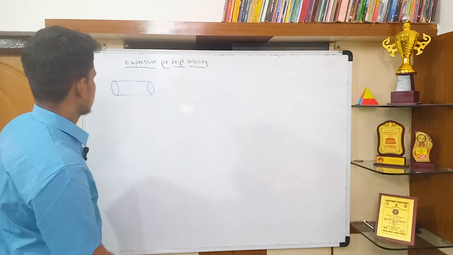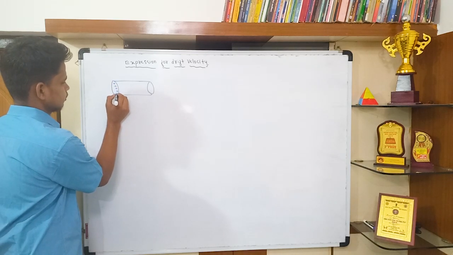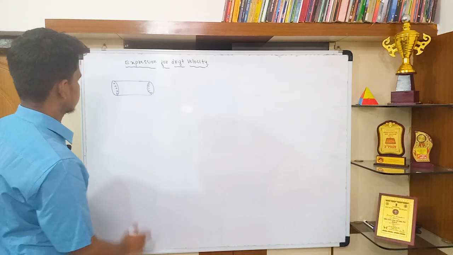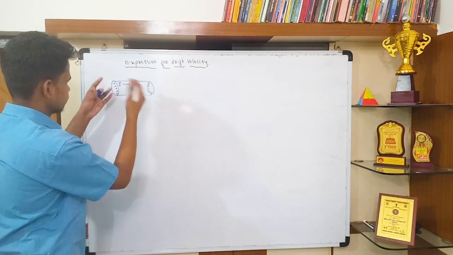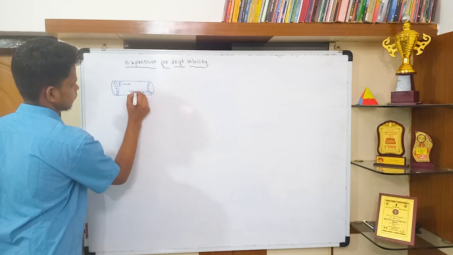After doing this, here this is plus charges, here will be minus charges. After that, the electric field is surrounding, and inside this there is the drift velocity, and electrons will also be there.